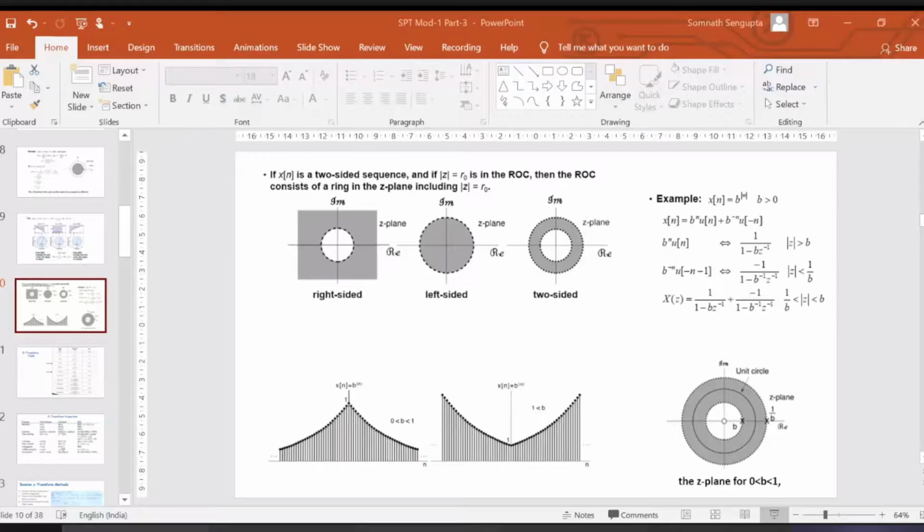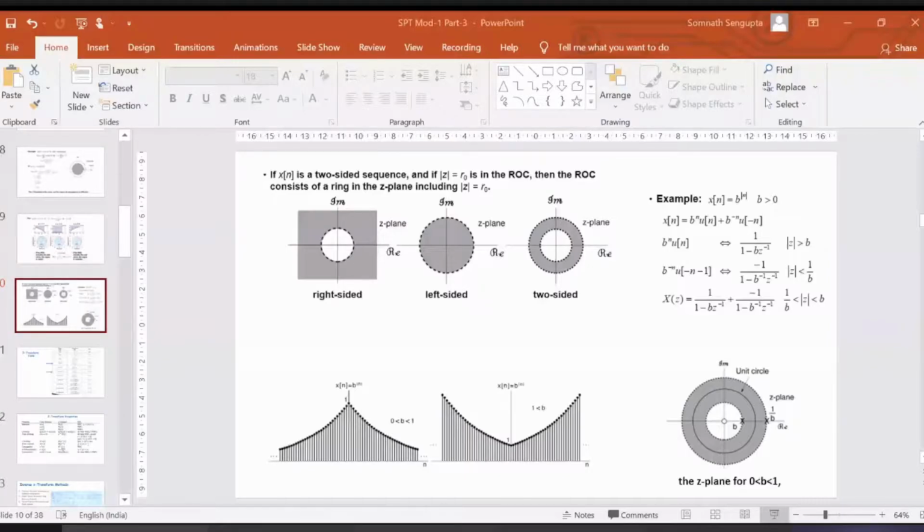And for b to the power minus n u[-n-1], the anti-causal part, according to the formula of minus a to the power n u[-n-1], we assume a is equal to b to the power minus 1, that is 1 by b or b inverse.